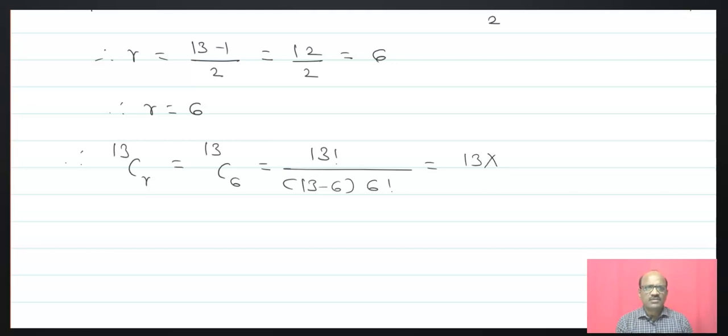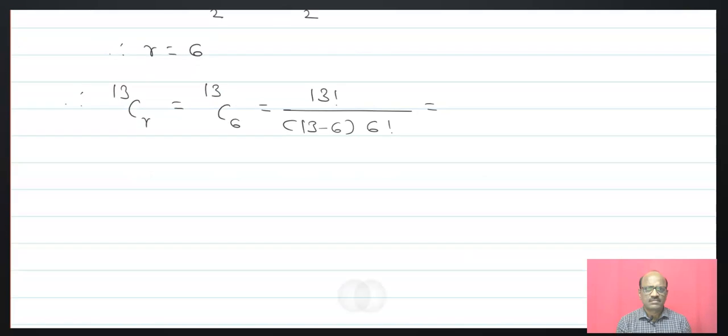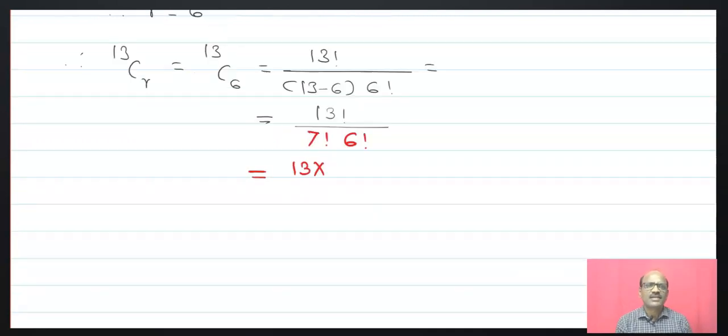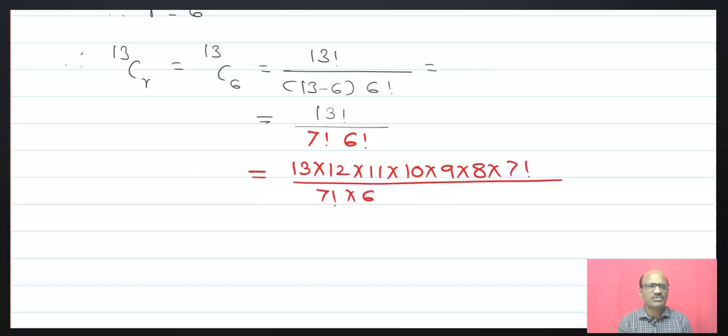That is 13 into 7 factorial into 6 factorial. Now cancellations. That is the 13 into 12 into 11 into 10 into 9 into 8 into 7 factorial. These two terms get cancelled. And the remaining is 6 into 5 into 4 into 3 into 2 into 1.